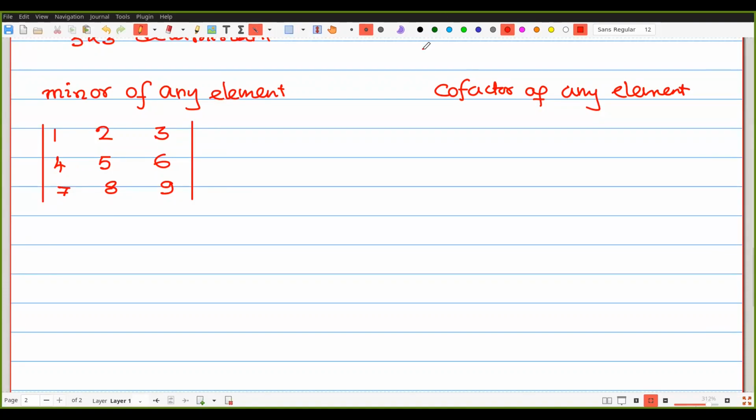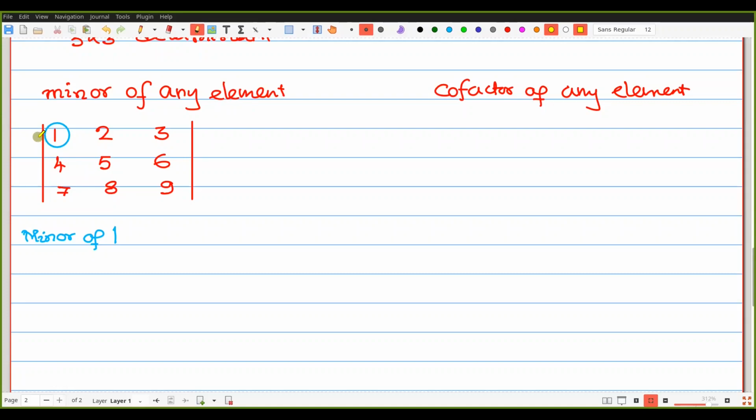Suppose we consider the minor of 1. Just think at which row and which column the element is residing.